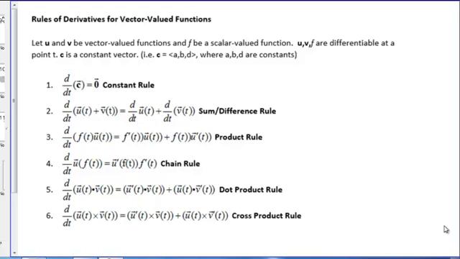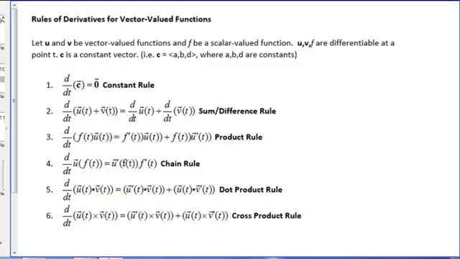We have the product rule. So we have the derivative of vector u of t times the scalar-valued function f of t, and that is the derivative of f of t times u of t plus f of t times the derivative of u of t.